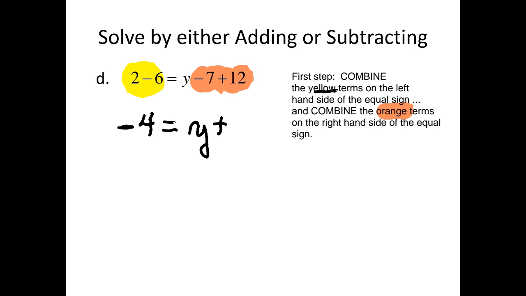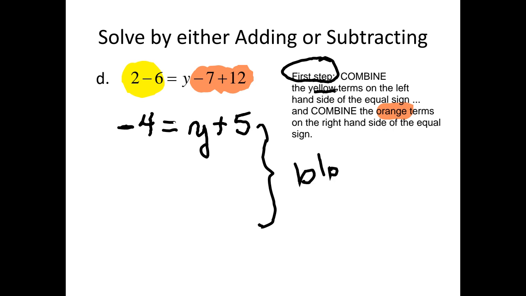This is my first step, combine terms. But this time I have them on both sides of the equal sign. I do the right side, then I do the left side, and then I finish it using what we call the block method. I'm going to draw a line down here.